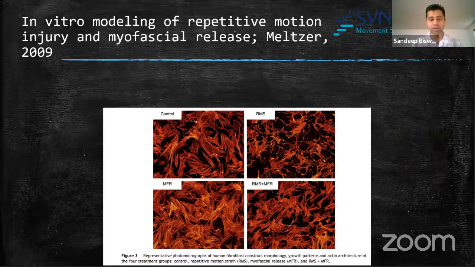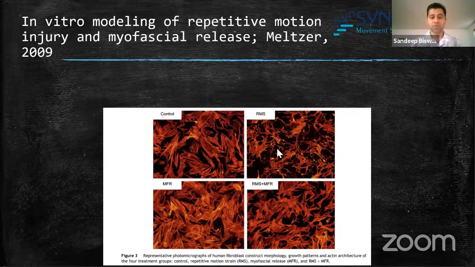So he took fibroblasts and put them on a tissue, like jam on a bread, and then he observed them. He observed the fibroblasts in a healthy tissue and saw how healthy they look, okay? And then he gave repeated strain to that tissue and saw how the fibroblasts get broken off and do not look very healthy.